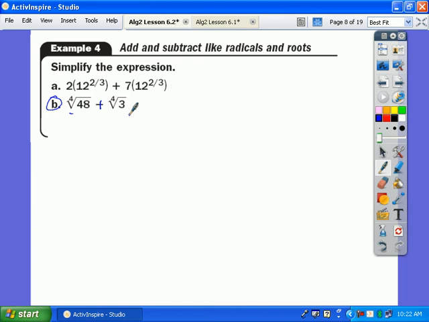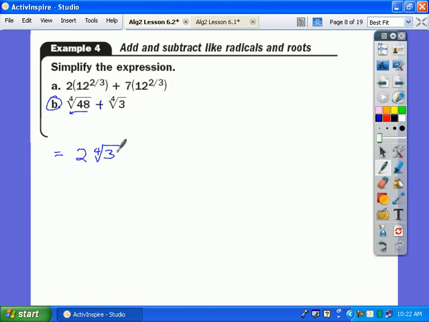I need to have the same root, which it is, both fourth roots. However, I have to have the same number underneath. This is 48, this is 3. You're not allowed to add those. However, we just saw in the last problem that the fourth root of 48 can be rewritten. Look at your notes, it's all right there. It should be 2 times the fourth root of 3.